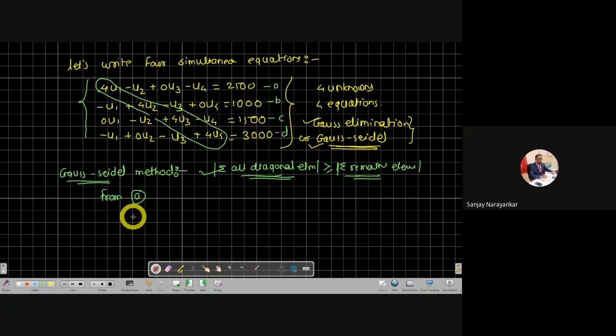I'll write for U1 because I'll consider this as the maximum element. U1 is equal to 1 by 4 (2500 plus U2 plus U4).